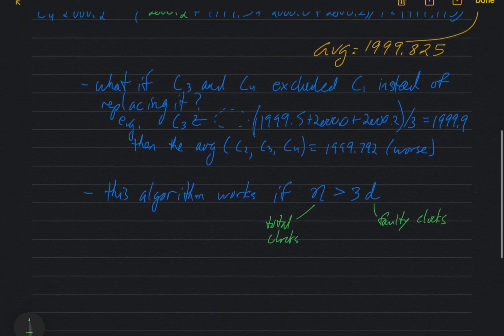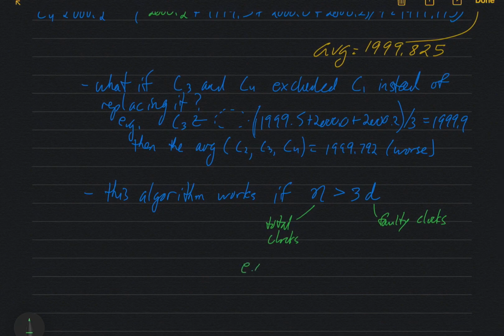So for example, if d equals 1, then n must be greater than 3, so any value, so n equals 4, 5, and so on, then the algorithm will work. If it's less than that, if it's 3, 2, then it won't be able to correct for that one faulty clock. So as you increase the number of faulty components, you have to have more and more correct components.